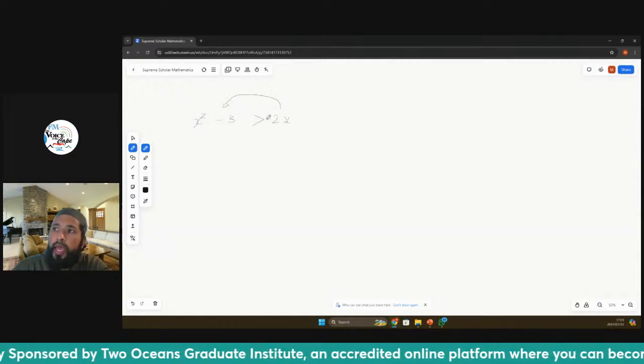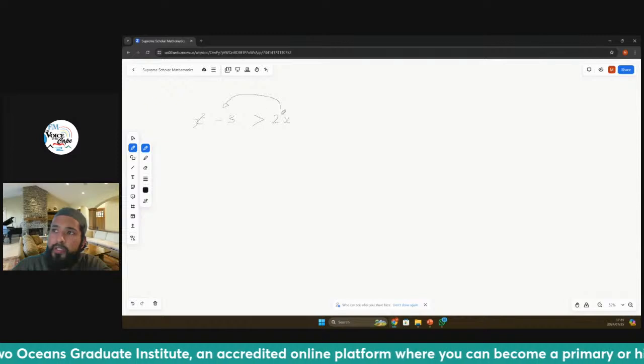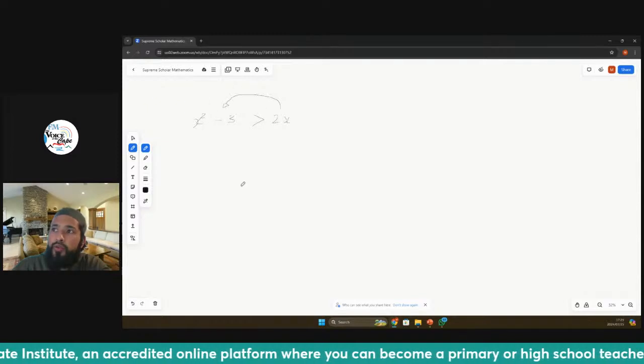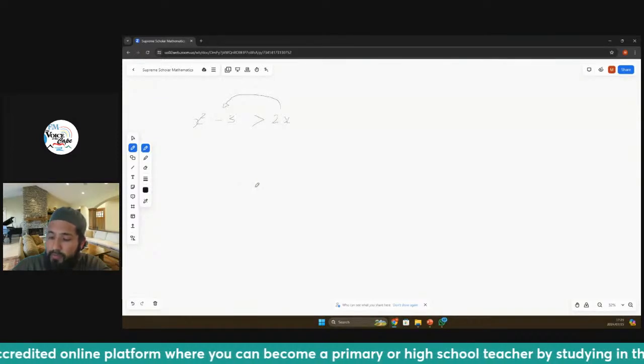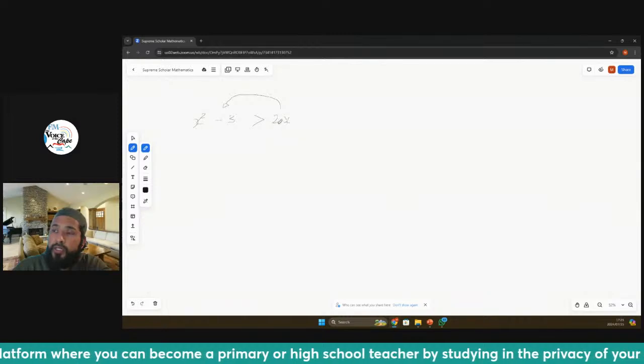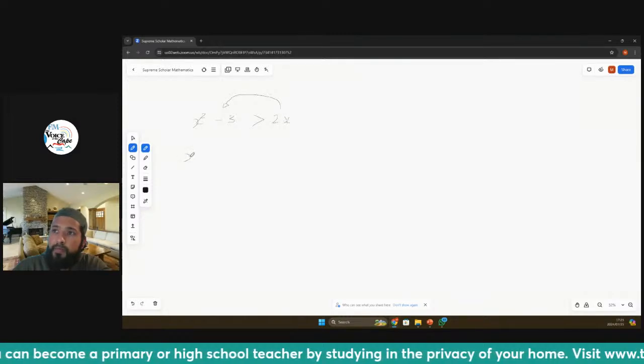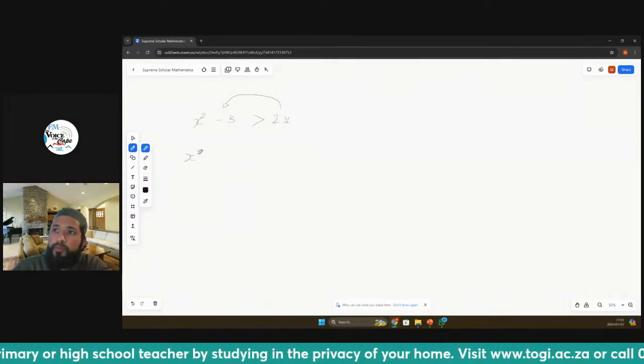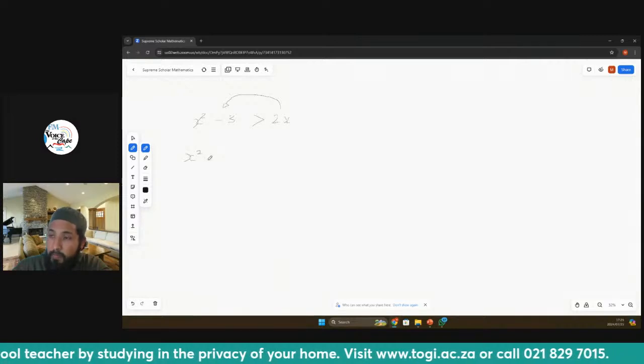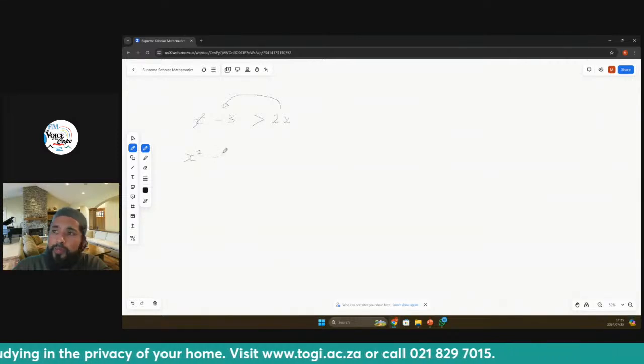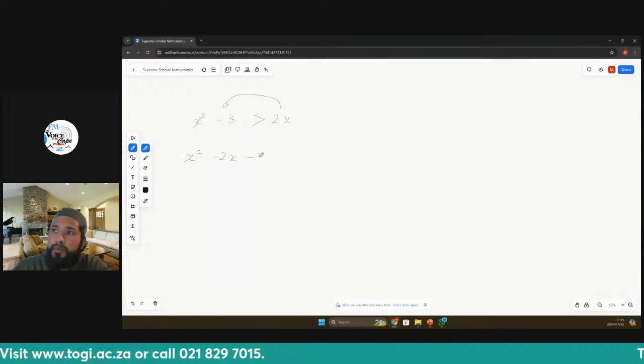If you take over the 2x, you will change the sign. So this will become x squared minus 2x minus 3 is greater than 0.